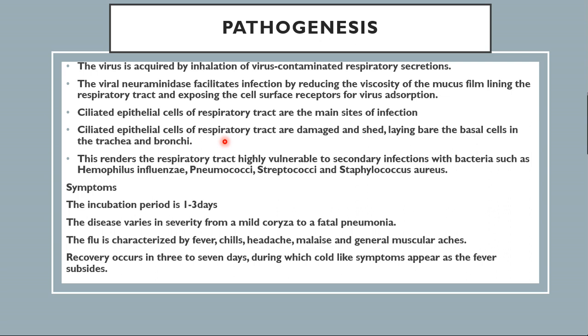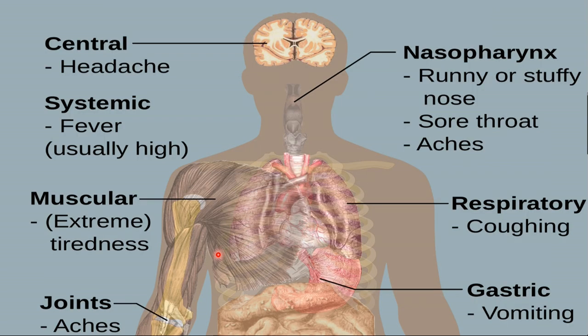Then what are the symptoms that we are going to come across when we have this infection? The incubation period of this virus is about 1 to 3 days, and the disease varies in severity from a mild coryza to a fatal pneumonia. The flu is characterized by fever, chills, headache, malaise, and general muscular ache.